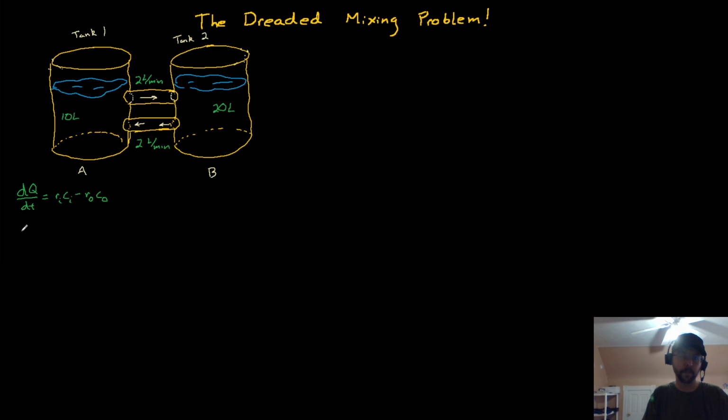So for this one, we have two tanks. We're going to be dealing with a system of differential equations. The rate of change of the quantity in A with respect to time equals, so we need the rate into A, so that's this right here, 2 liters per minute.